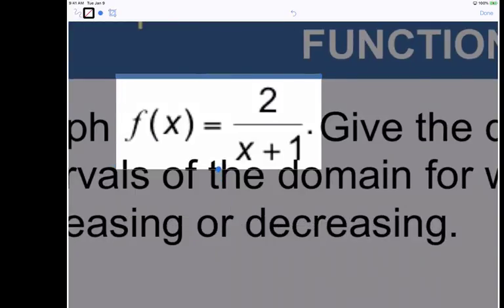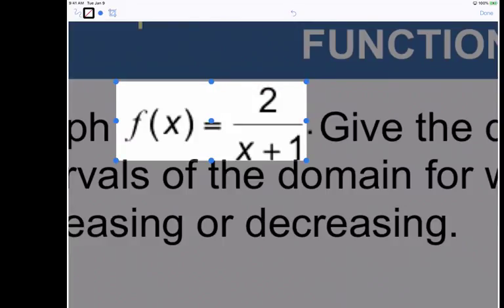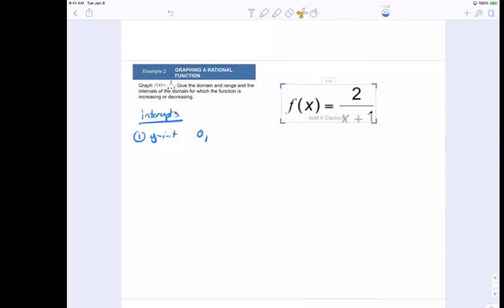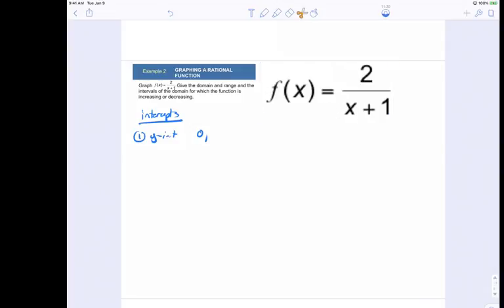So when x is 0, what's our y? 2. Let's hit done. So now you should be able to see it. So when x is 0, y is 2. So we quickly got our Y-intercept.